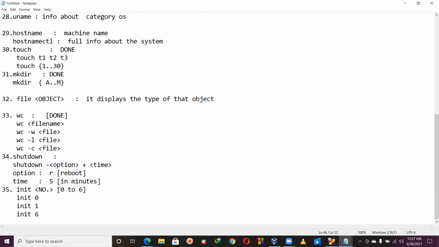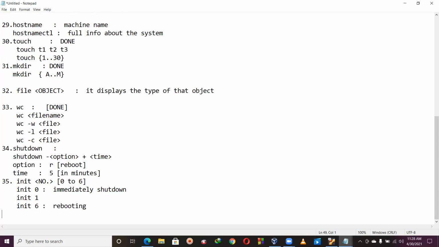Number 0 is used for which one? Shut down. Yes, immediately shut down. And init 6 is for which purpose? Rebooting. Got it, all of you? Should I execute this?